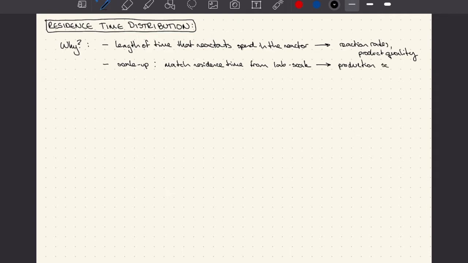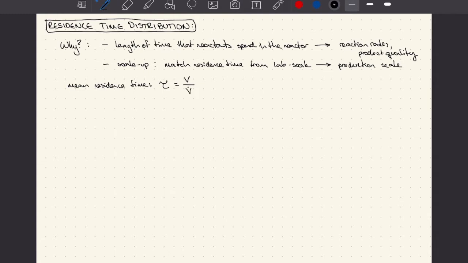And so we can think about calculating things like a mean residence time, which we will define as tau. And as one of our students pointed out, we can think about this often as just being the volume of the reactor over the volumetric flow rate in a very simple way.